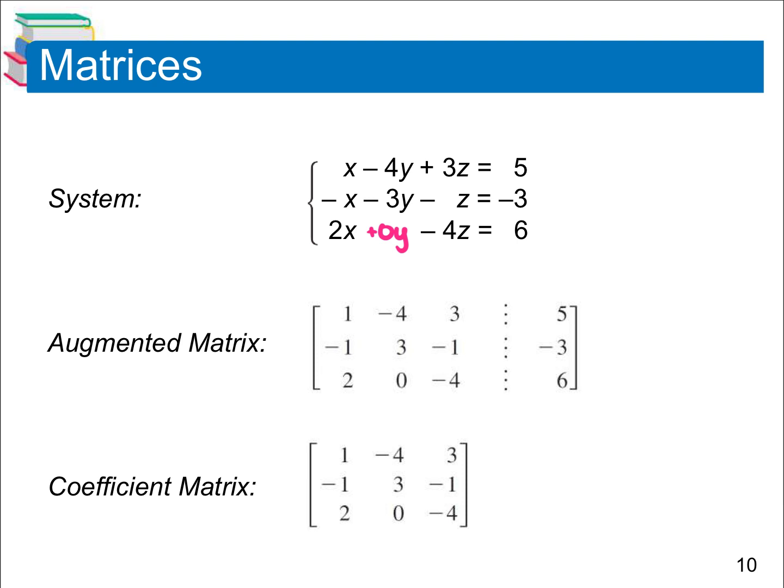If we look at an augmented matrix representing this system of equations, you're going to include your answers. So your first equation, x minus 4y plus 3z is equal to 5, gives you the 1, -4, 3 with the answer of 5. With this, you'll see that your coefficients are there in each of your rows for each of your columns for x, y, and z.